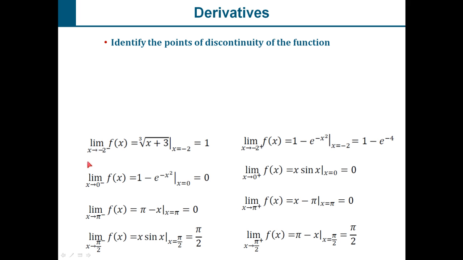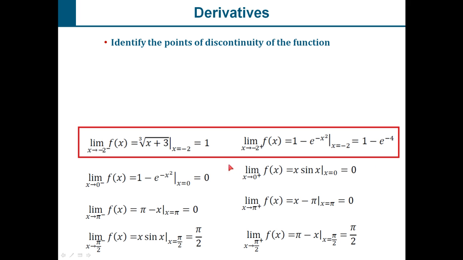On the contrary, the left and right limits in minus 2 are different, since the left limit equals 1, while the right limit equals 1 minus e to the minus 4. This means that minus 2 is a point of discontinuity for the function f of x. Instead, the function f of x is continuous at any other point.